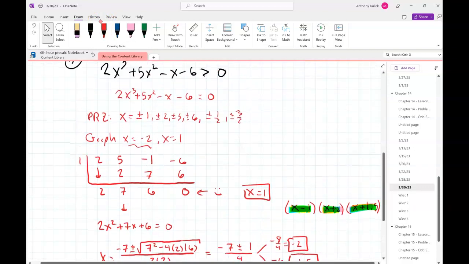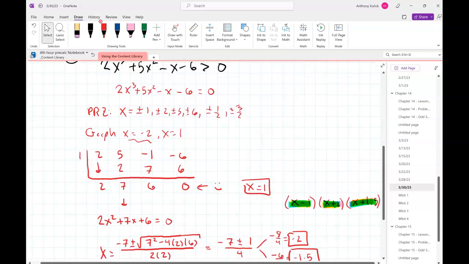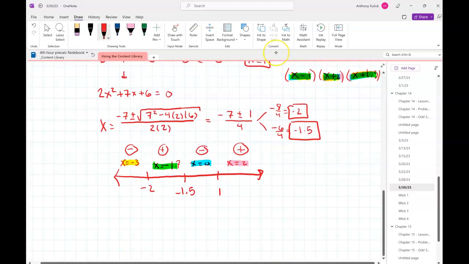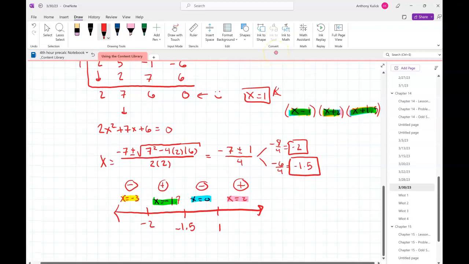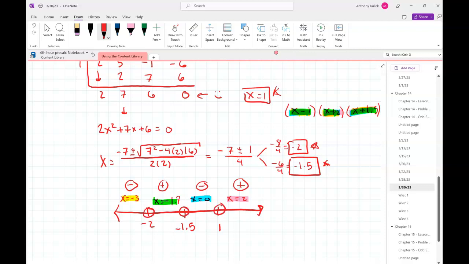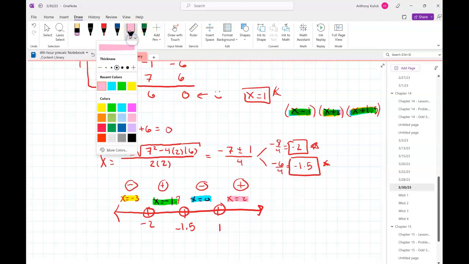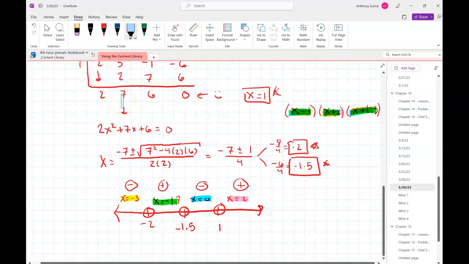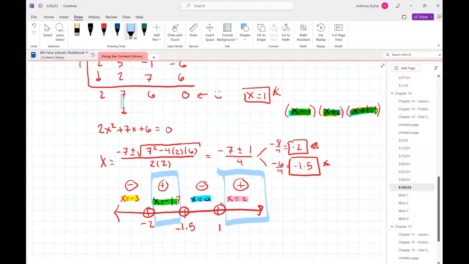I should note here that since this was a strict greater than, each one of these zeros, when I draw them here, should have the open circle on the number line. So if I'm just looking for the stuff that's greater than 0, I'm looking for this stuff and that stuff.